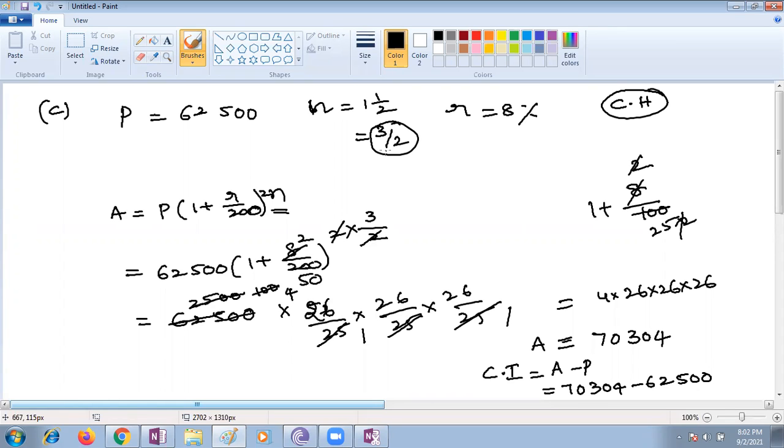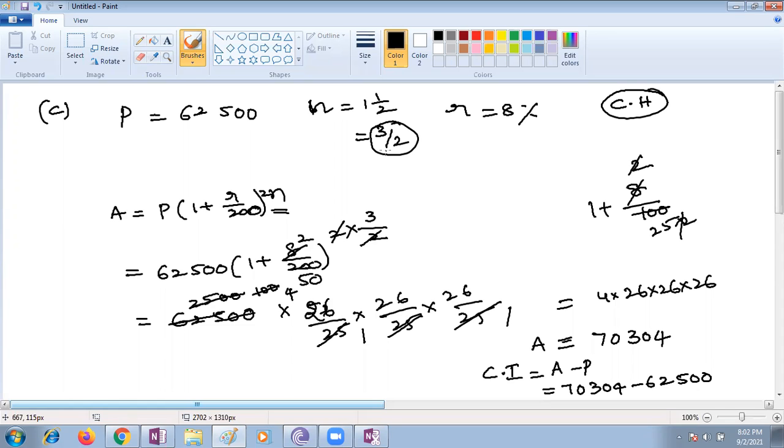First you have to anyway use your compound interest formula. Second, to verify, we can use the SI formula. You need to verify whether it is the same or not.